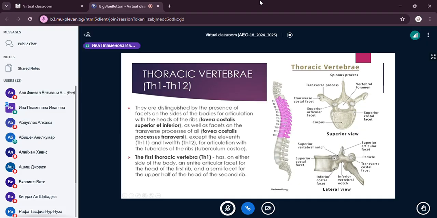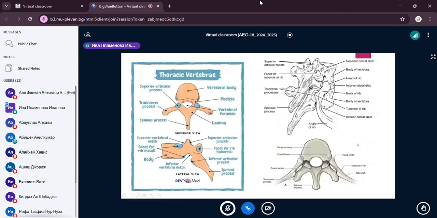So here, the superior and the inferior fovea costalis is for the head of the rib. Here on the transverse process, fovea costalis processi transversi is for the rib tubercle. You can see here, that's the head of the rib, that's the tubercle of the rib.